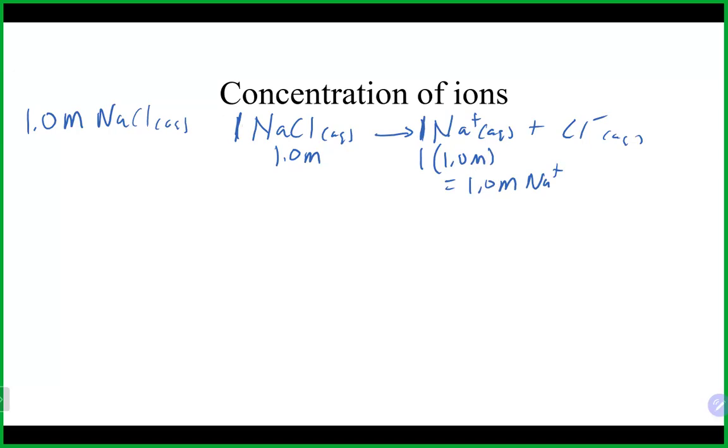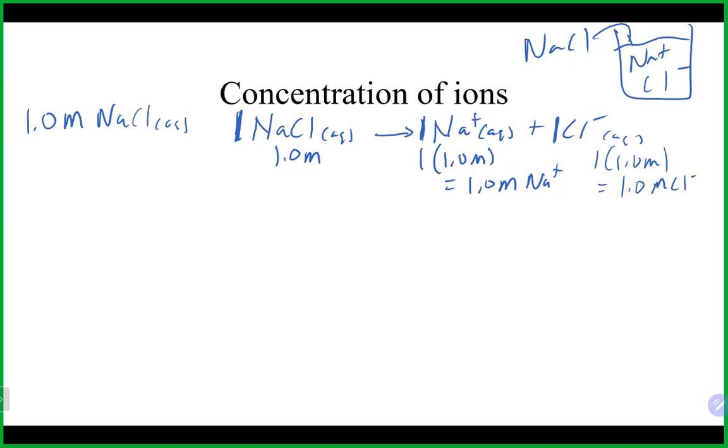It is a 1-to-1 relationship there too, so we take 1 times our 1 molar, and it tells us we have 1 molar chloride ions floating around. So if we dissolve sodium chloride, we get a 1-to-1 relationship, and the ions have the same concentration as the whole compound.